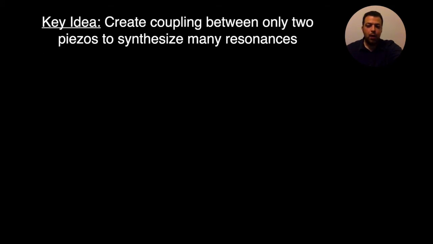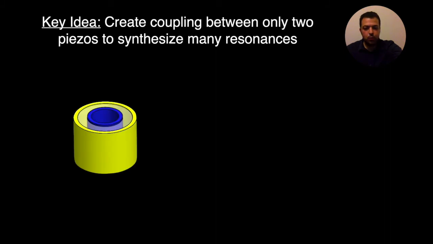The key idea was to create a coupling between only two piezos, and with this coupling, we were able to synthesize many more resonances. Let me explain what I mean by this. We took one piezo, shown in yellow, with a resonance frequency at 20 kHz, and another one, shown in blue, with a resonance frequency at 40 kHz.